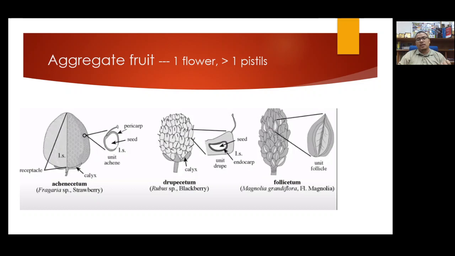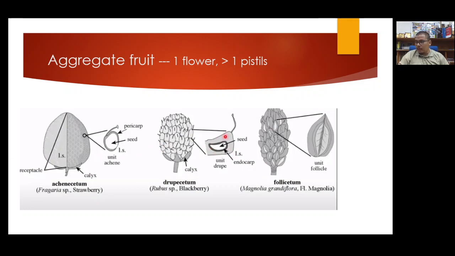Each of these small things is one carpel, or one pistil, and each of these carpels has a fleshy outer covering.